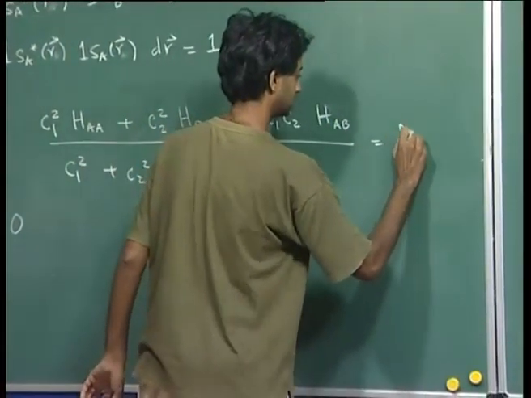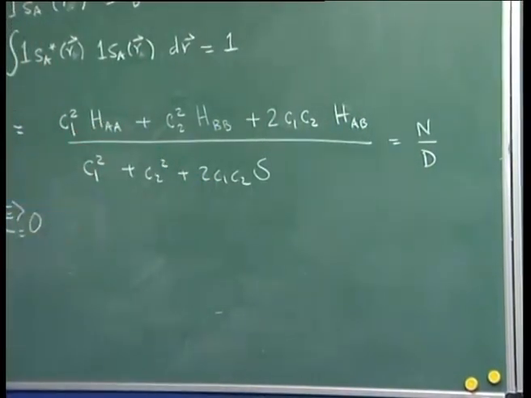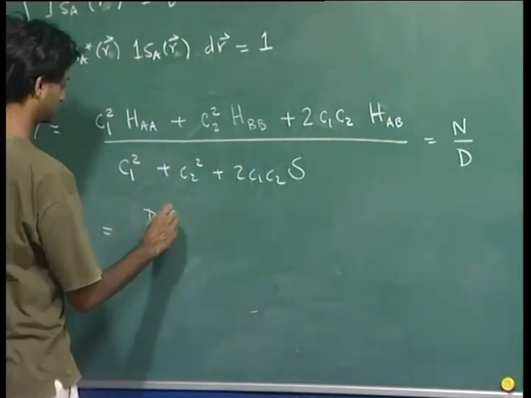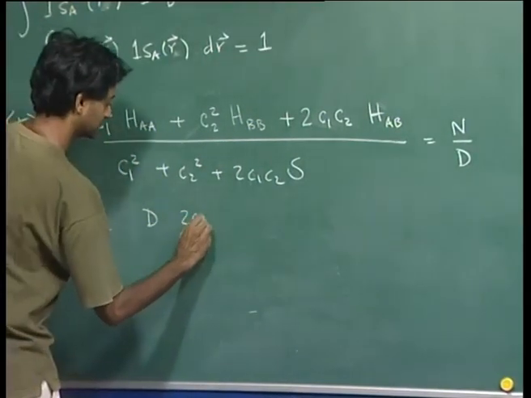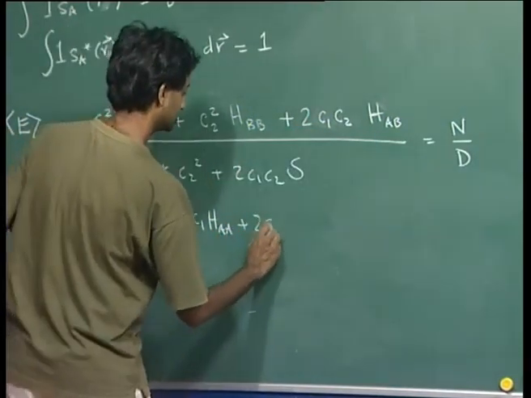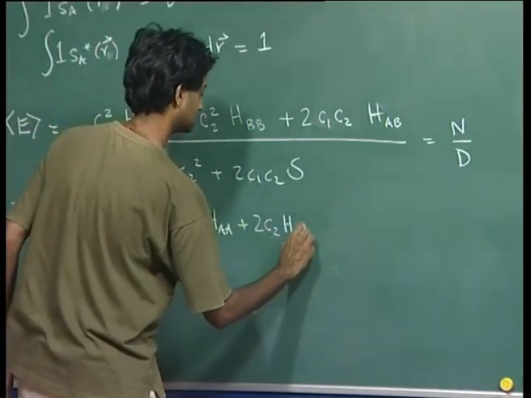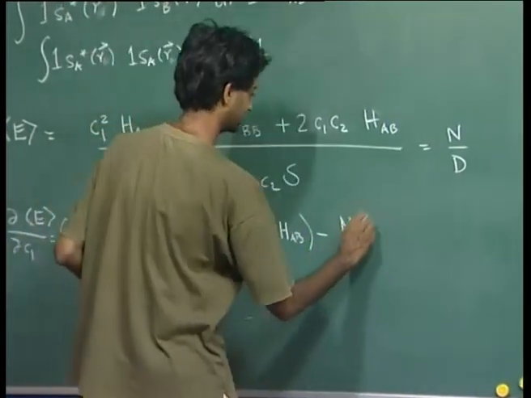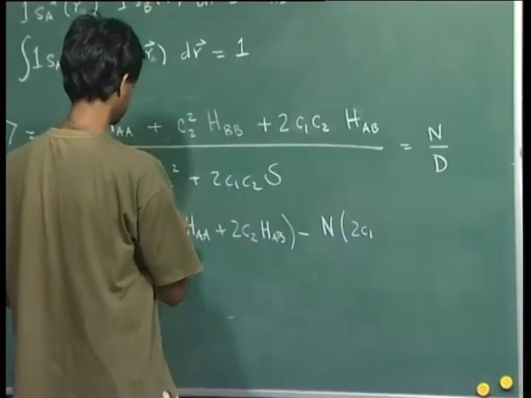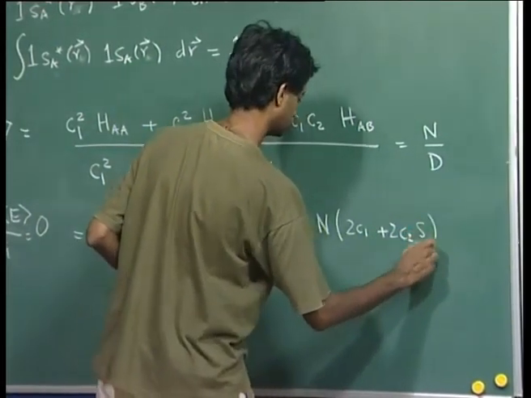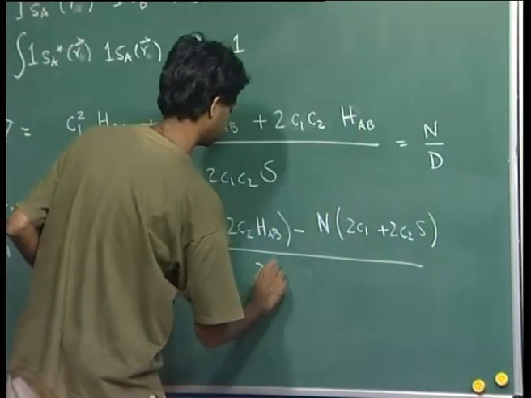We'll go ahead and calculate dou E by dou C1. We'll call the expression some numerator divided by denominator. You can use the usual rule for differentiation: denominator into derivative with respect to C1 of the numerator, which is 2 C1 HAA plus 2 C2 HAB, minus numerator into derivative of the denominator, which is 2 C1 plus 2 C2 S, divided by denominator square.